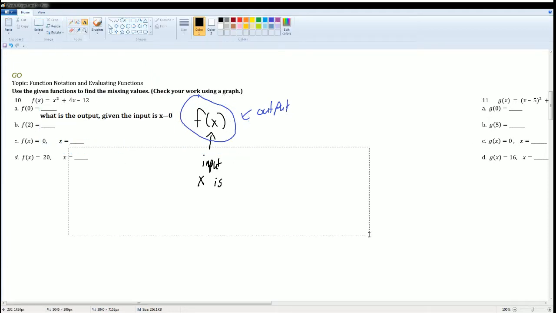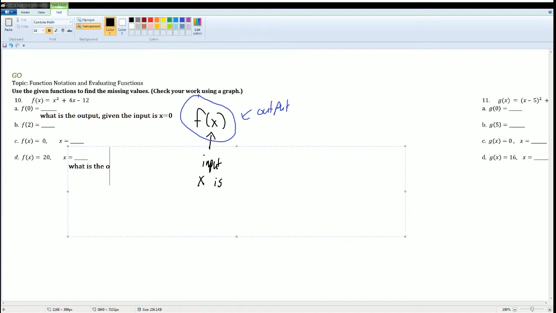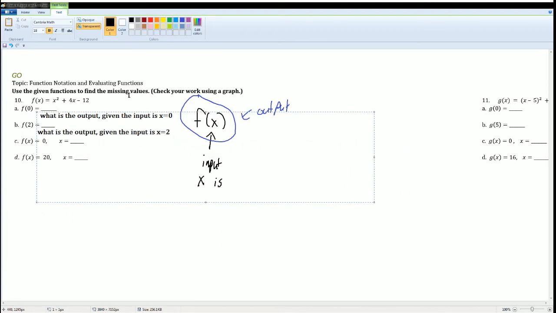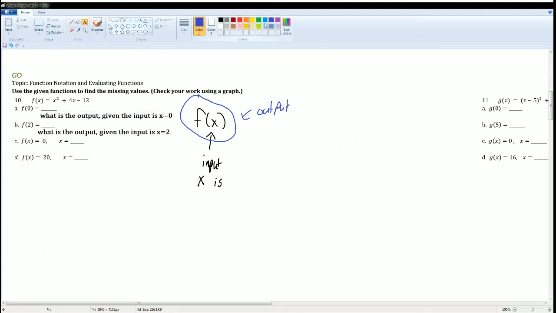The second one, what is the output given the input is x equals 2. The last two are a little bit weird. This time they're giving you the output and they're asking for the input.